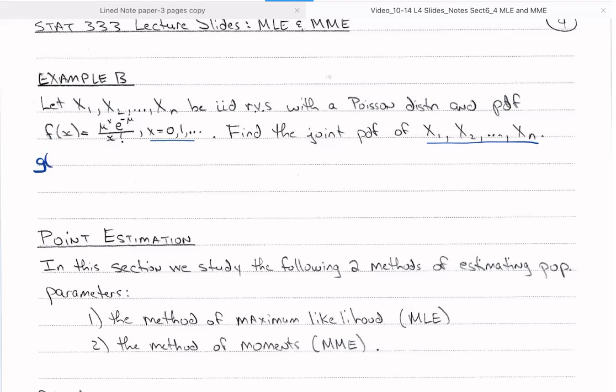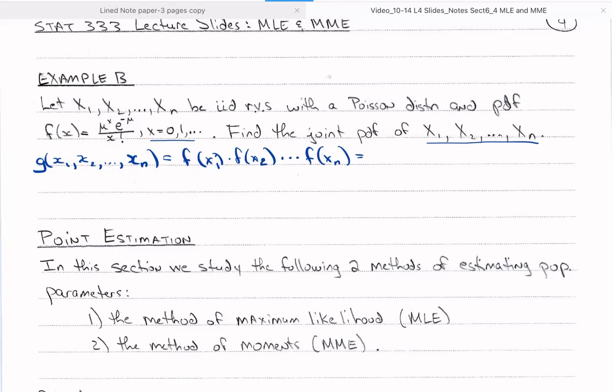So g of x1, x2 up to xn is equal to f of x1 times f of x2 times dot dot dot f of xn.